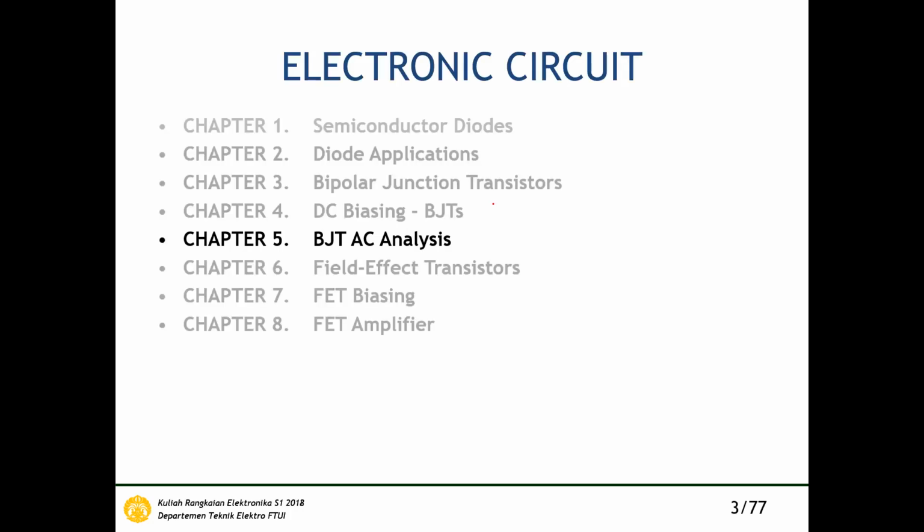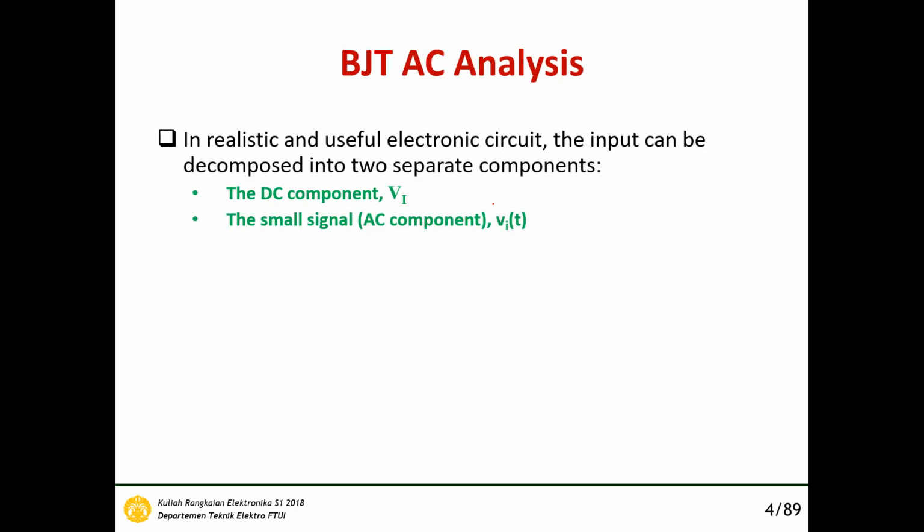Okay, so the first one is BJT AC analysis. If you remember in DC analysis, we perform a DC analysis to get a DC component, or to get the Q-point, the quiescent currents. And in electronic circuits, we can use a BJT or FET as an amplifier.